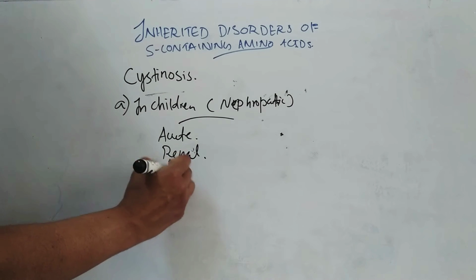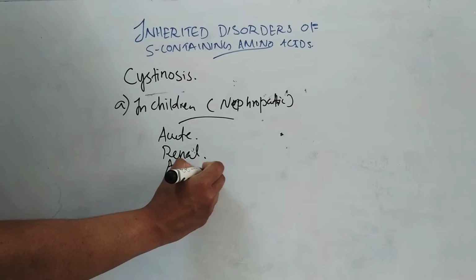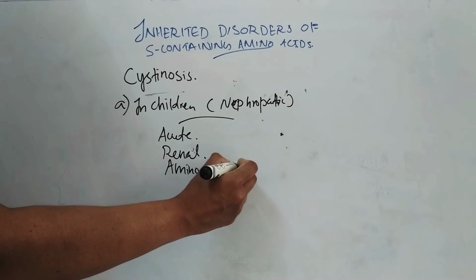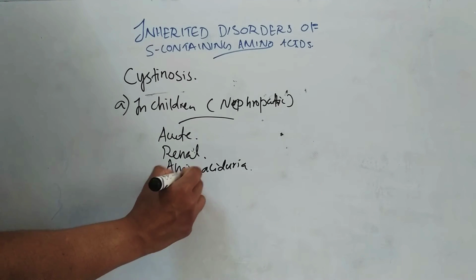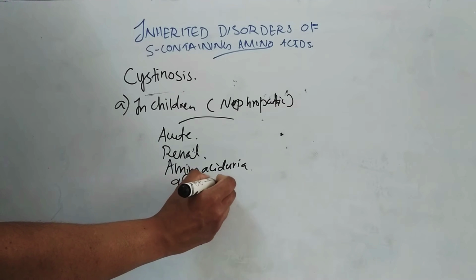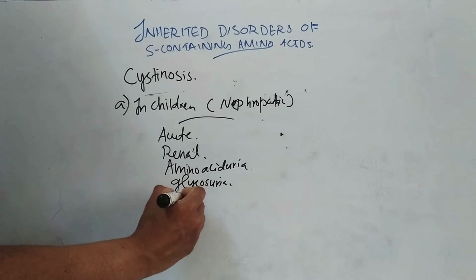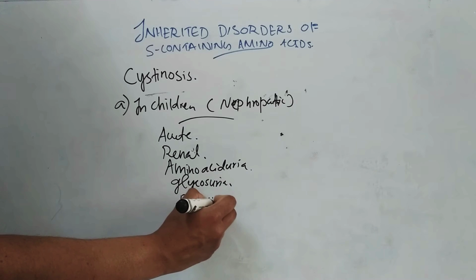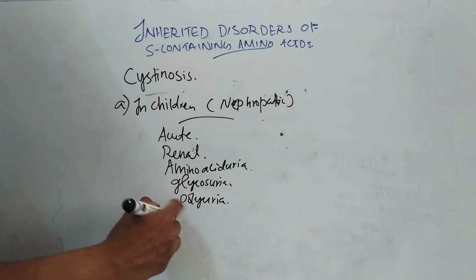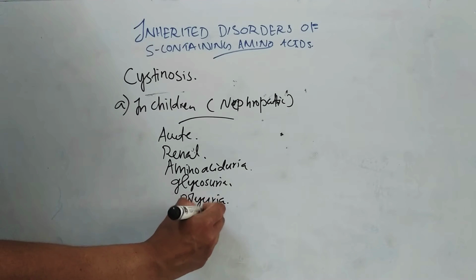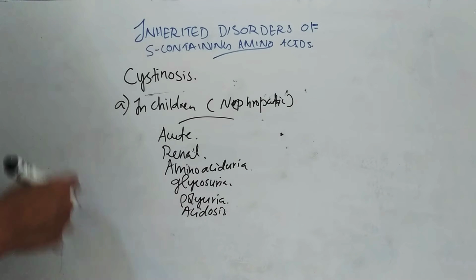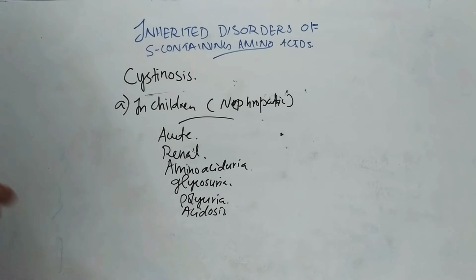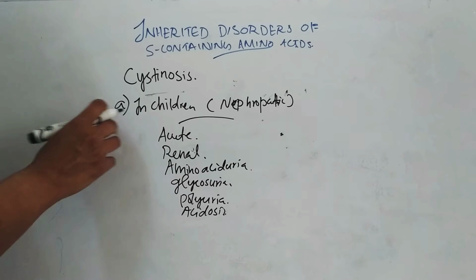Then there may be aminoaciduria, then glycosuria, then comes polyuria, then chronic acidosis, and it can lead to uremia and death. That is the first type.